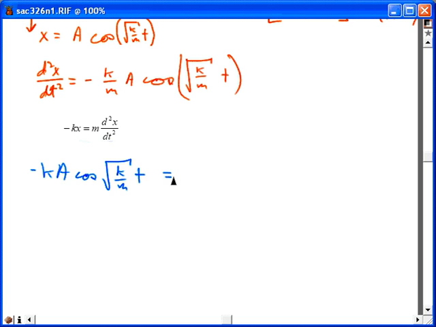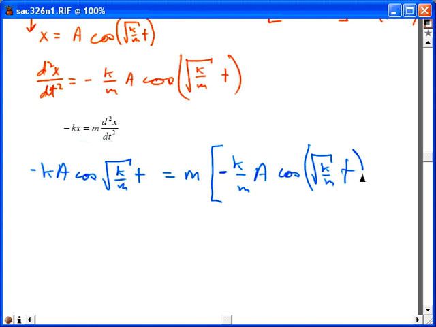Now that's supposed to be equal to m times minus k over m, a cosine of the square root of k over m times t.